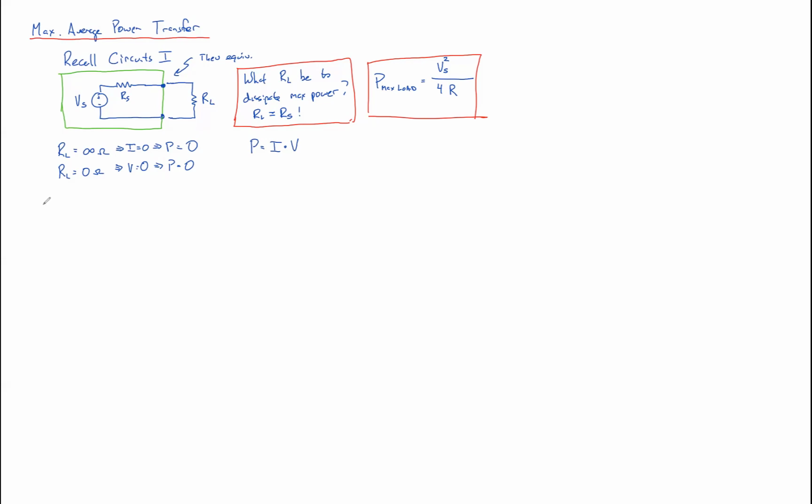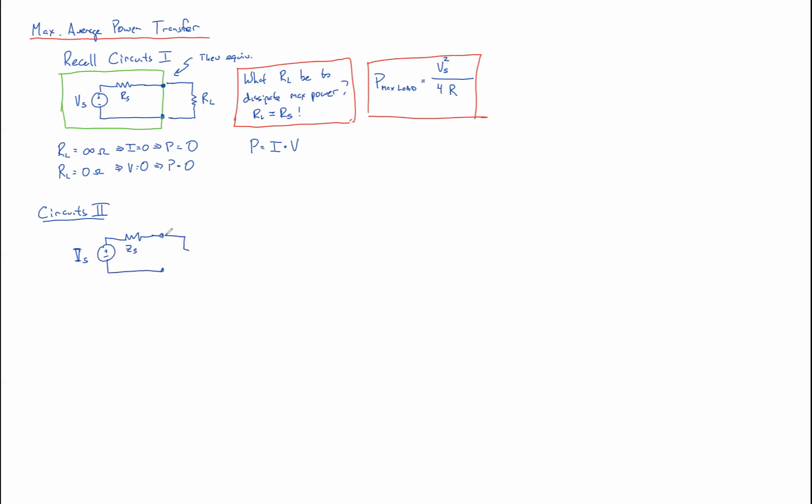Now in circuits 2, we're going to generalize that. In circuits 2, the rule is slightly different. This is a sinusoid source. This is an impedance.